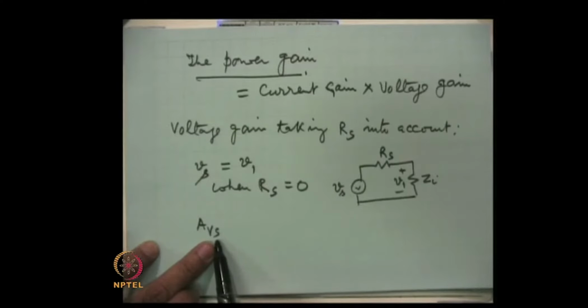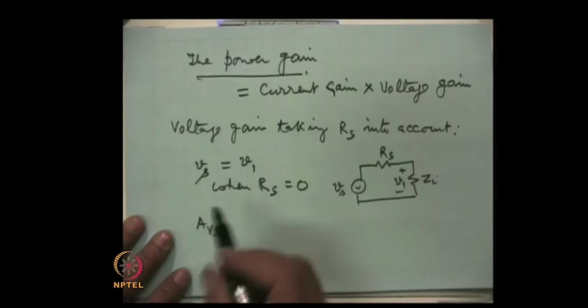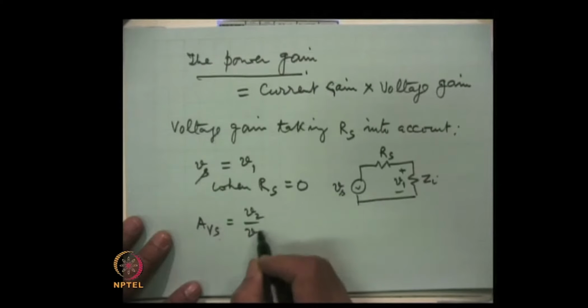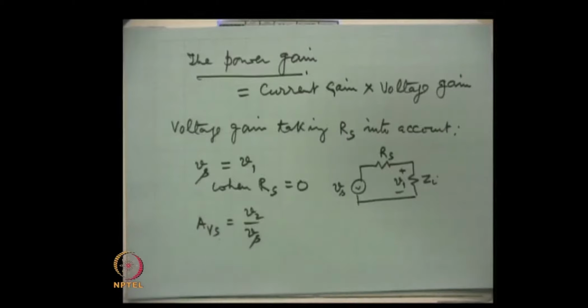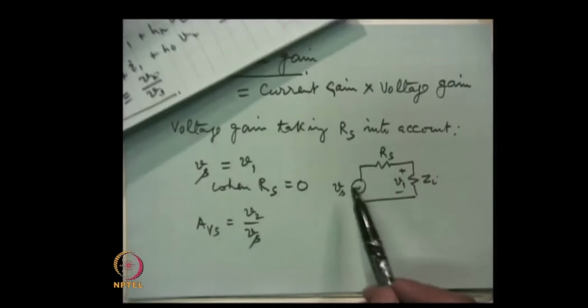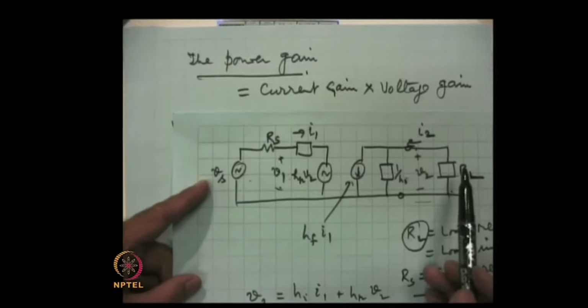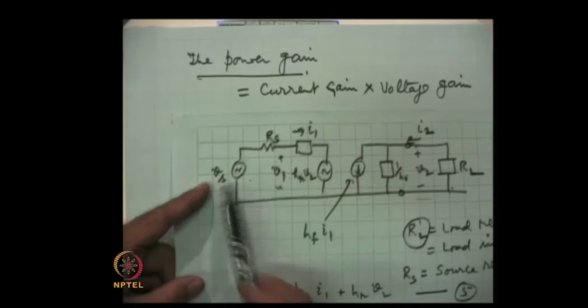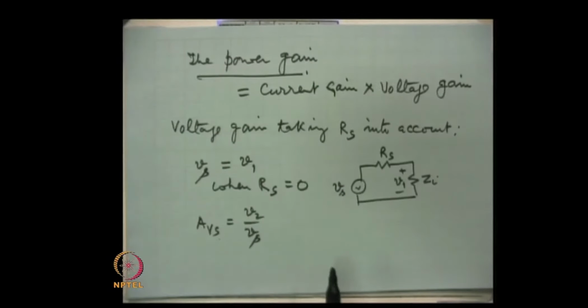S stands for source resistance, and this is equal to V2 by Vs. Look at the difference. Here we took V2 by V1. Now, we are taking the ratio of V2 by Vs, which is the actual strength of the signal.